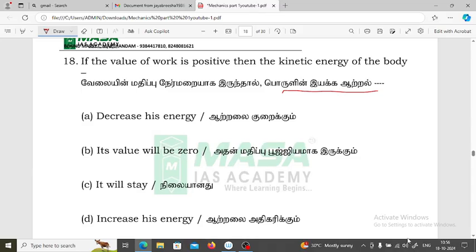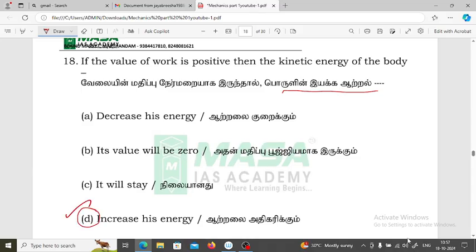So the question is the kinetic energy of the body. When you apply force and the object moves in the same direction, the object tends to increase its speed. As the force is continuously applied on the object, its energy also increases. So the kinetic energy of the body will increase.